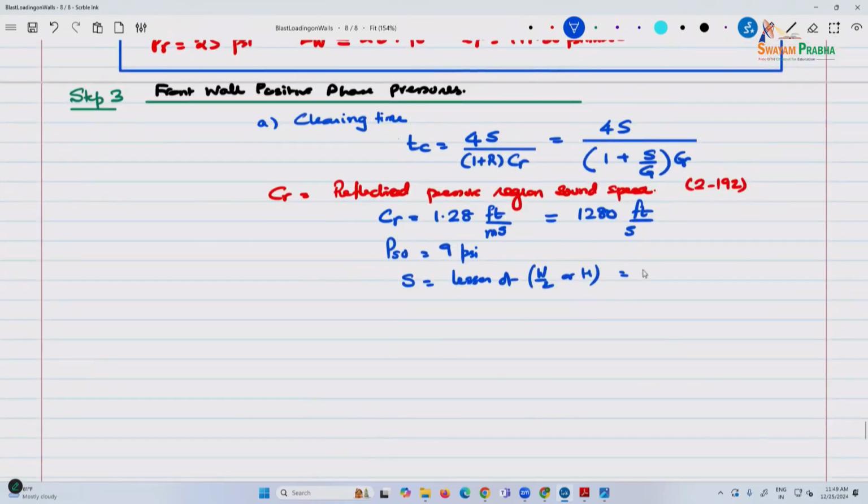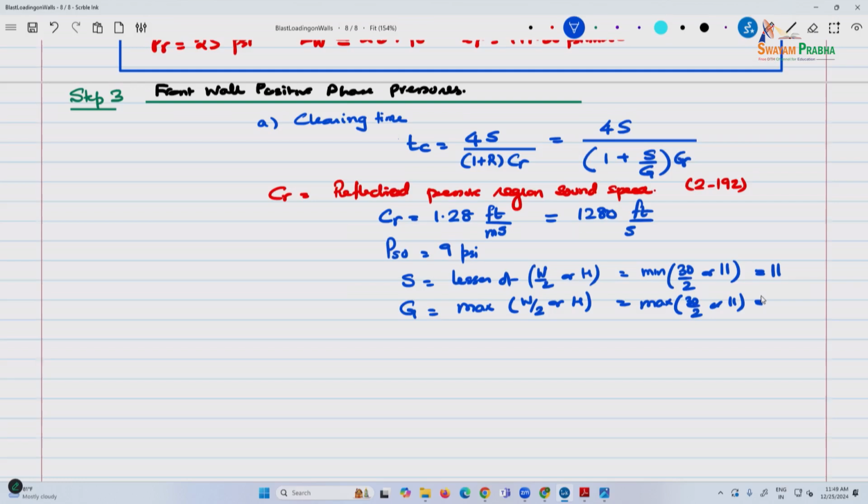So this is minimum of 30 by 2 or 11. So S is equal to 11. And G is the max of either W by 2 or H. So this is max of 30 by 2 or 11. So which is 15 feet.